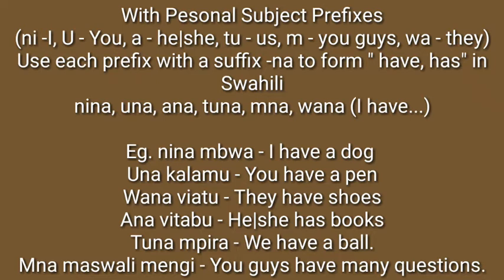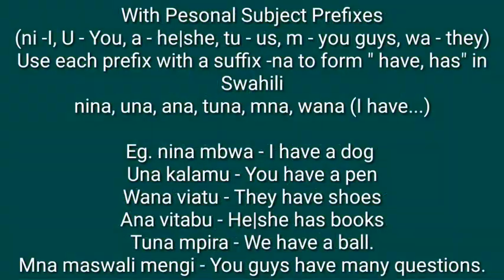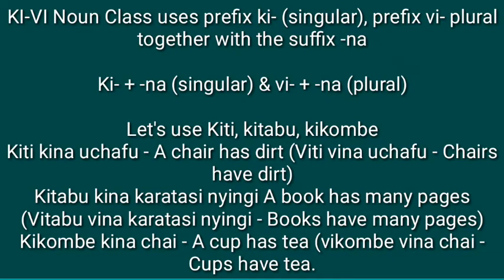Ni is the prefix for I, and then you add na, the suffix used, to make I have. So nina mbwa, I have a dog. Una kalamu, u plus na, you have a pen. Wana viatu, they have shoes.